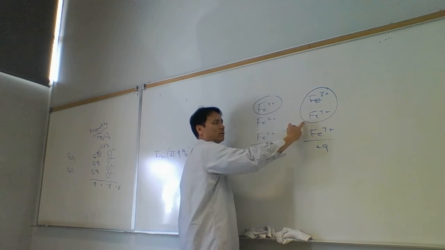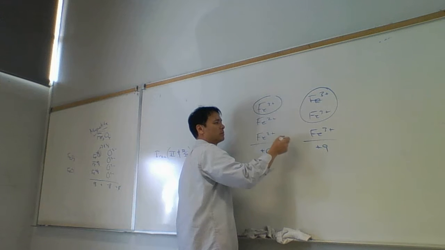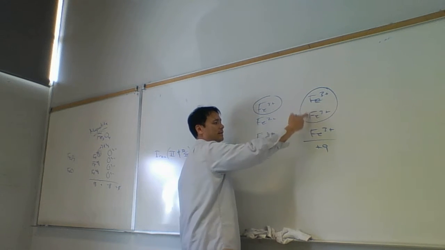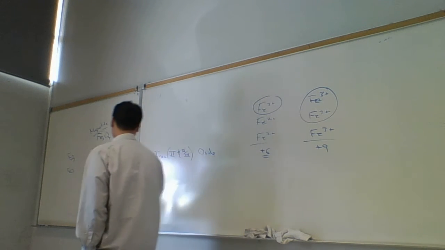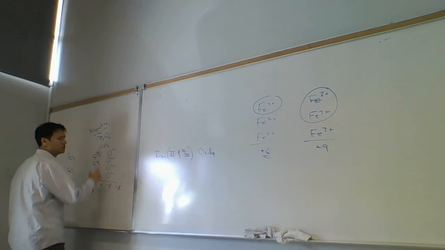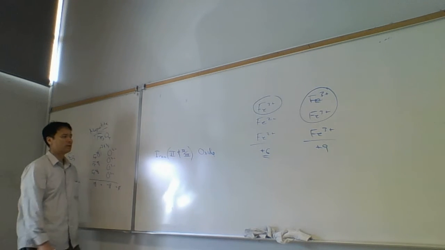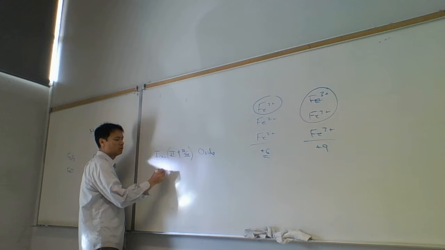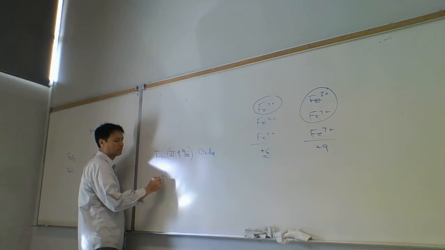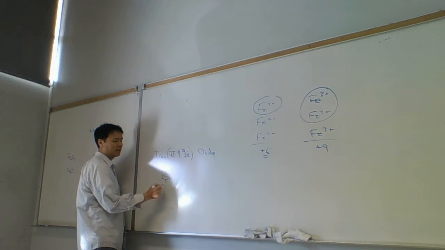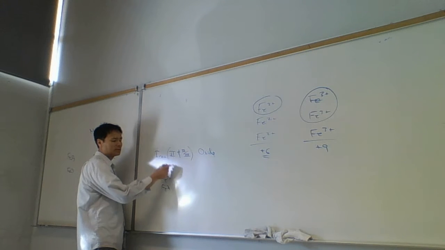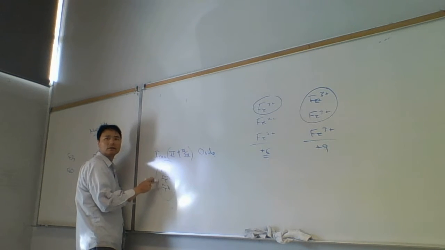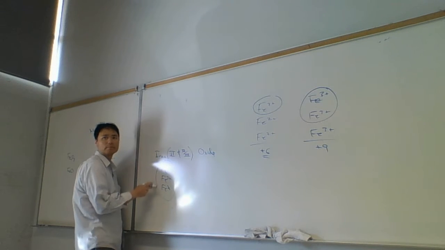That's going to give us +8, that'll nicely balance out. And so it's not 2 2/3. What it is, I'm going to have 2 iron 3s and 1 iron 2. This is an example of a mixed cation salt or mixed cation compound.